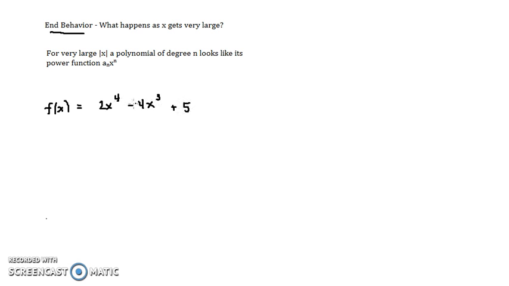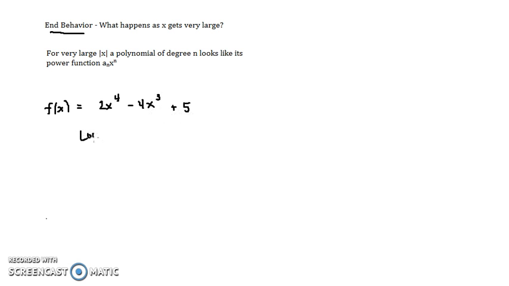And when we're plugging in big numbers like 1,000, this number is much, much bigger than this number because it's got a bigger exponent. So that's why we say for very large values of x, this is the one that starts to dominate. This is the one that's changing the numbers, and these numbers down here aren't really doing as much as x gets really, really big.